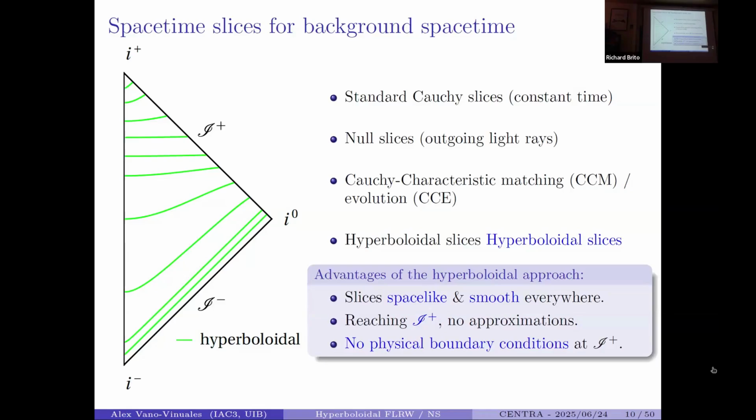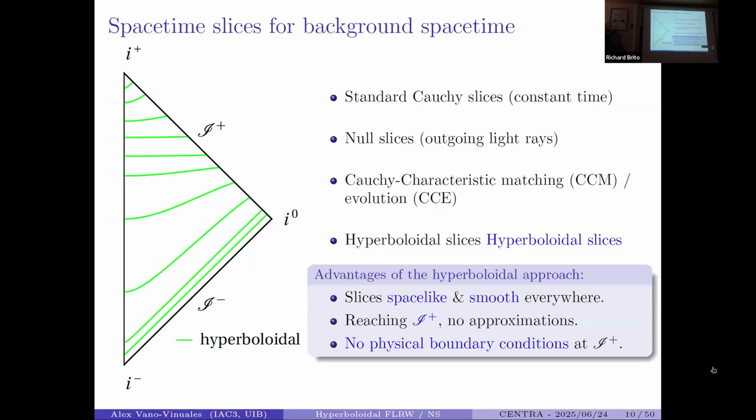But the issue is that they are able to reach future null infinity without any type of approximations. And another nice thing is that as scri is a boundary surface, all physical information is going to go out of the domain. So we don't need physical boundary conditions because there's not going to be any back reaction from the outside, which is one of the advantages of having the boundary at scri.